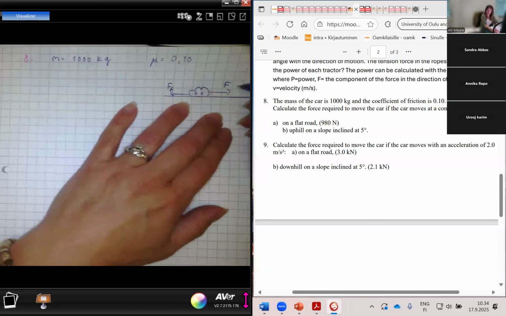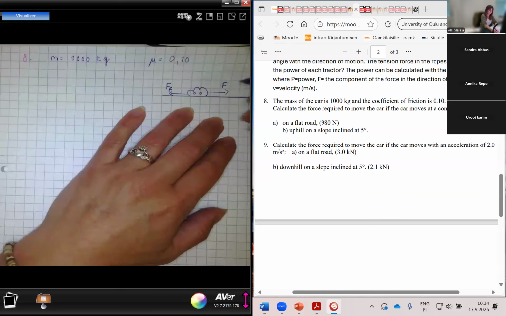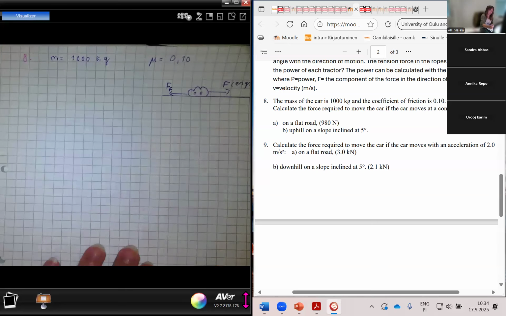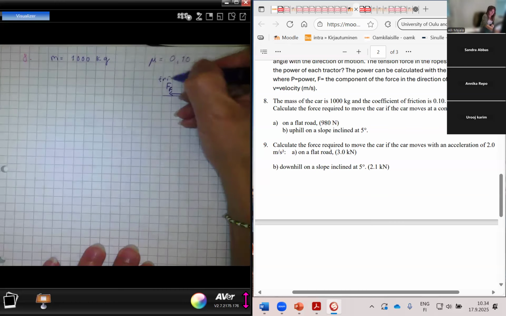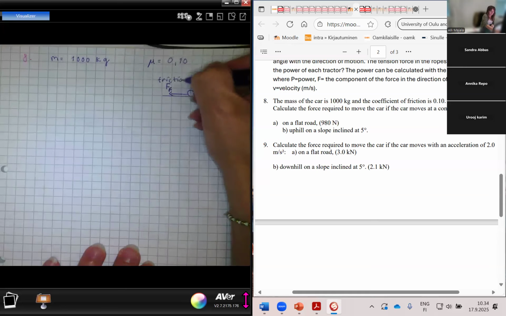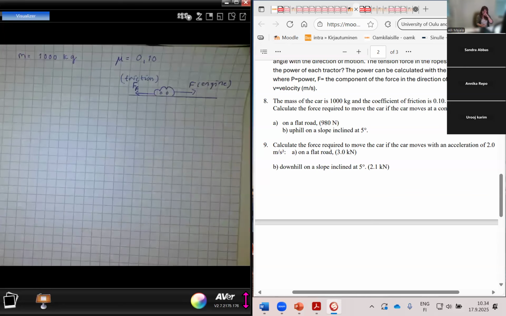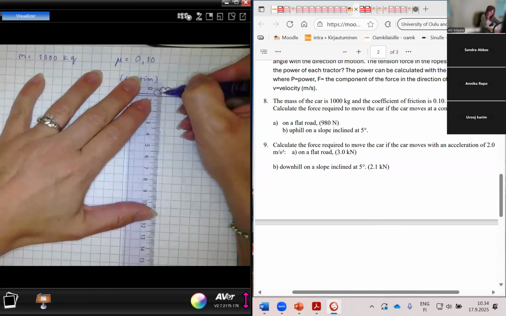So this is the engine force, for example, like this, and this then is the friction. Then you also had the two other forces here.